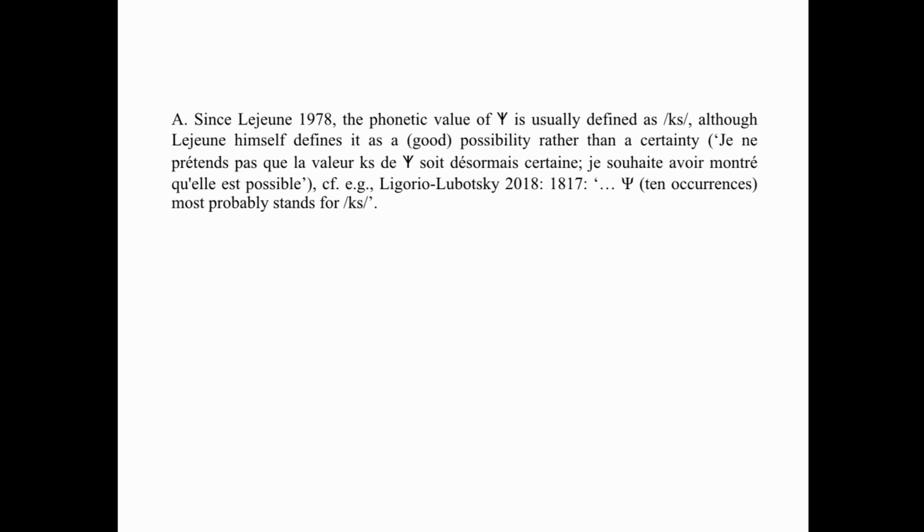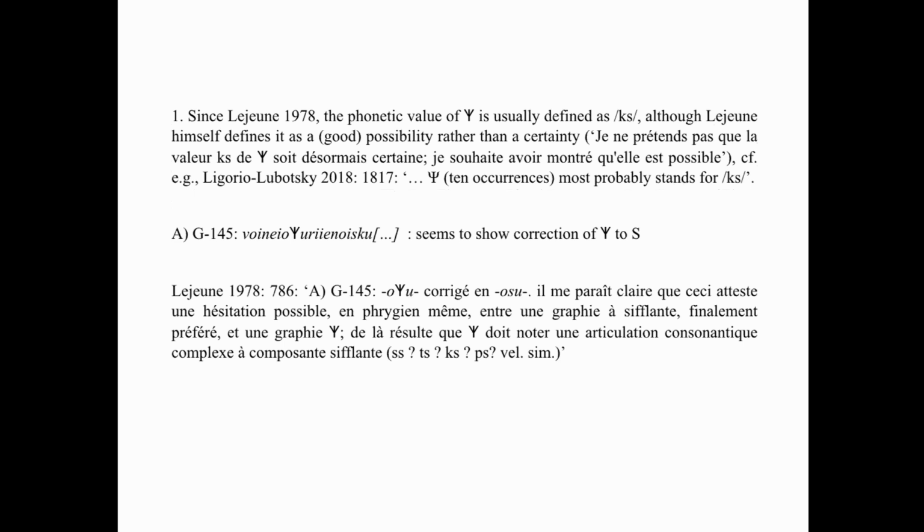Although I should mention that the actual attestations of this letter are a little bit more numerous. It's about 20, but almost 10 of them are found in the context of just one-letter graffiti on a potsherd. So there is nothing useful in that. Lejeune based his proposal on three cases.